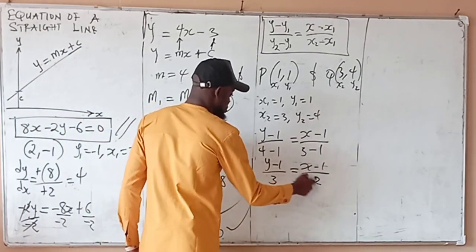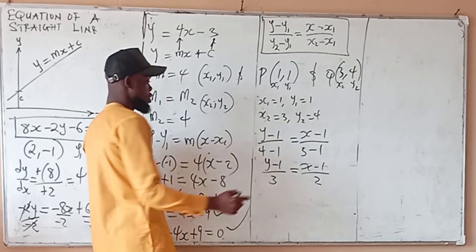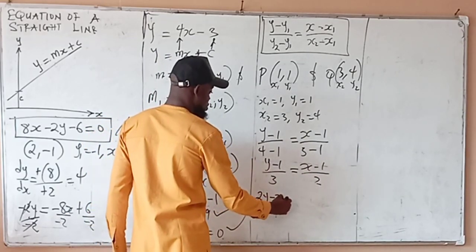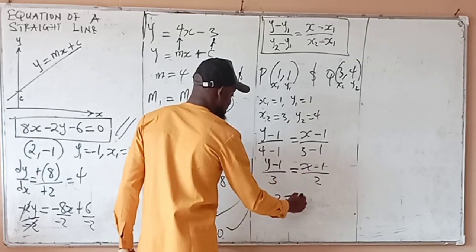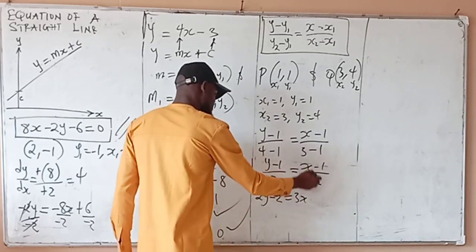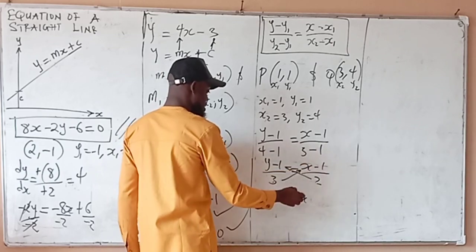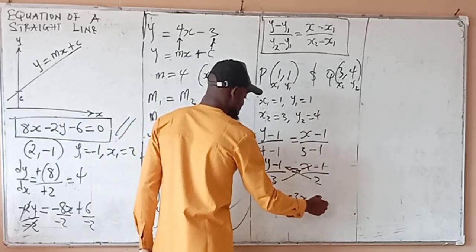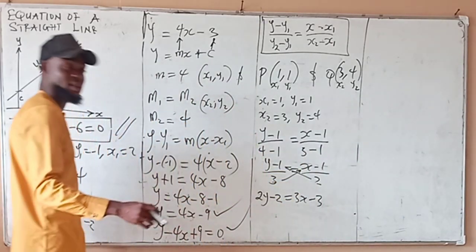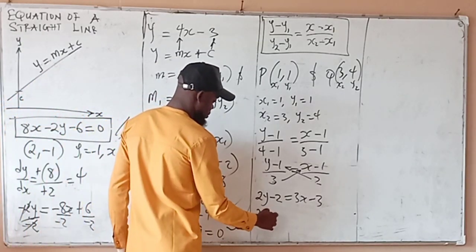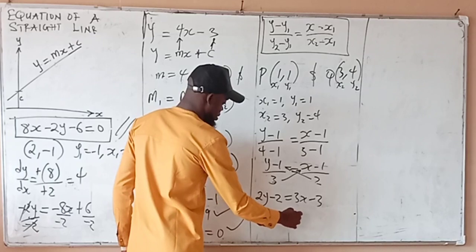You are free to multiply. So 2 times y, that is 2y. 2 times minus 1, that is minus 2, is equal to 3 times x, that is 3x. Now we multiply this one, 3 times x, that is 3x. 3 times minus 1, that is minus 3. Next, move everything to one side and put it to 0. You have 2y minus 2 minus 3x.